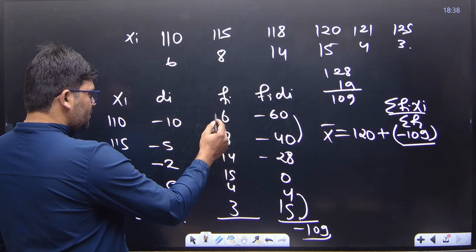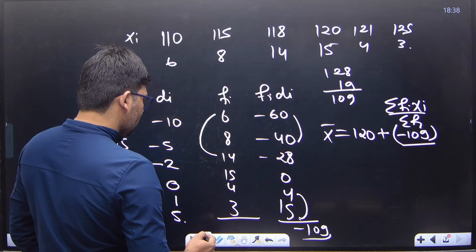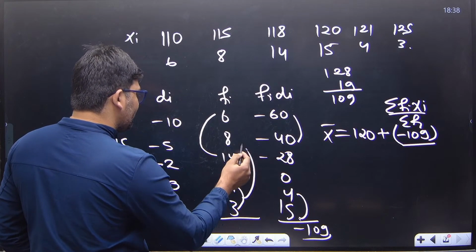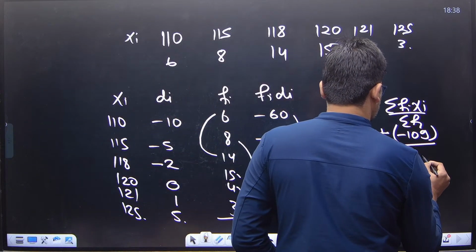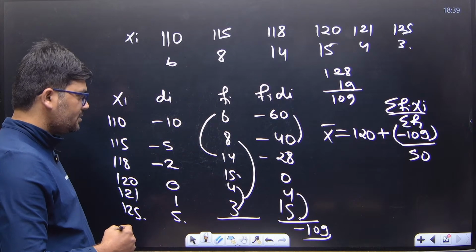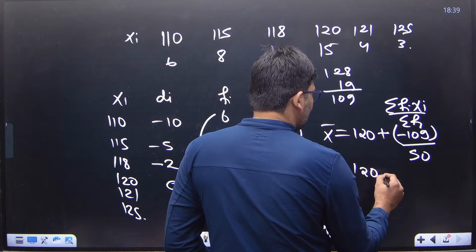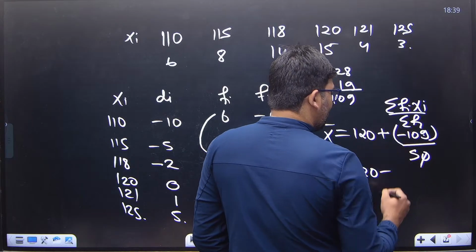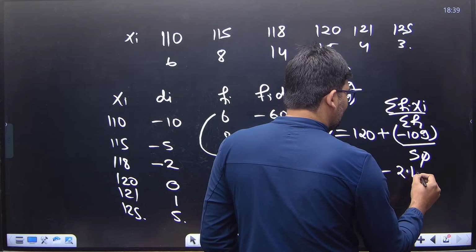So sigma fi is how much? 6 plus 14, 20. Then 15, 4 plus 3, 7, 7 plus 8, 15 plus 15, 30. So 30 plus 20 is 50. So it is going to be 120 minus 109 divided by 50. 5 into 2 is 10. 5 into 1 is 5. 5 into 8 is 40.